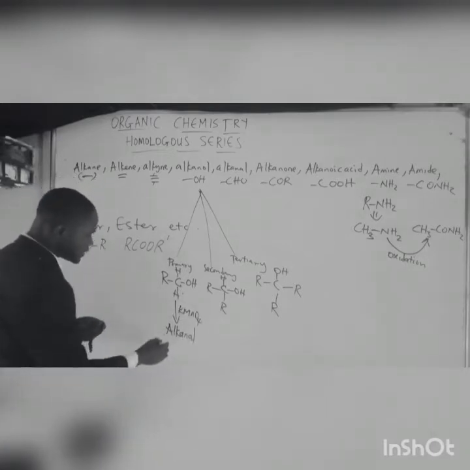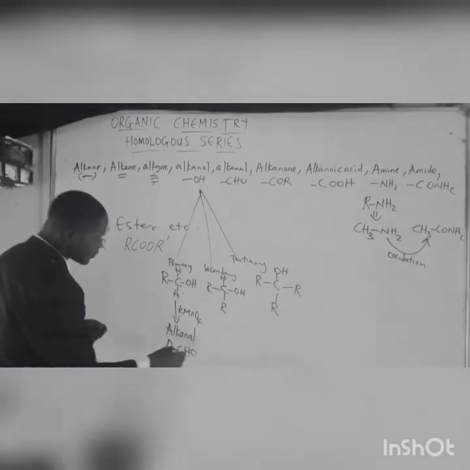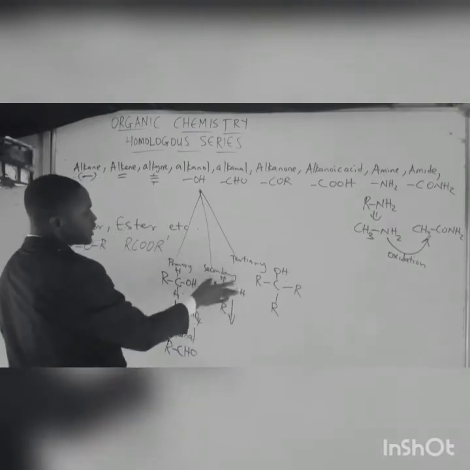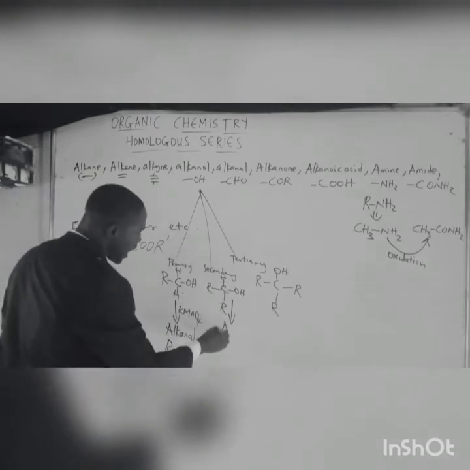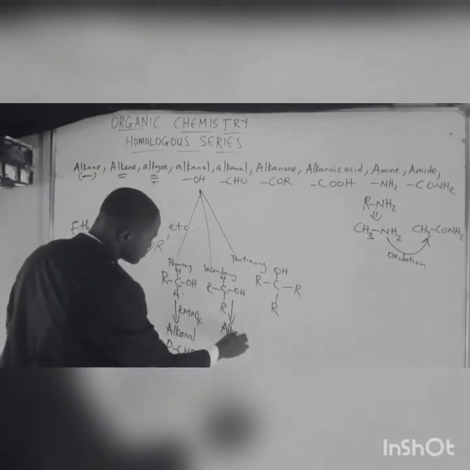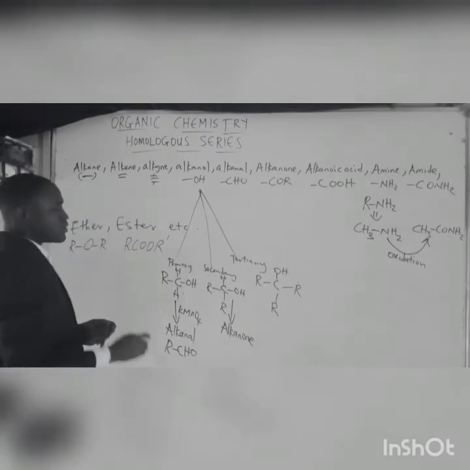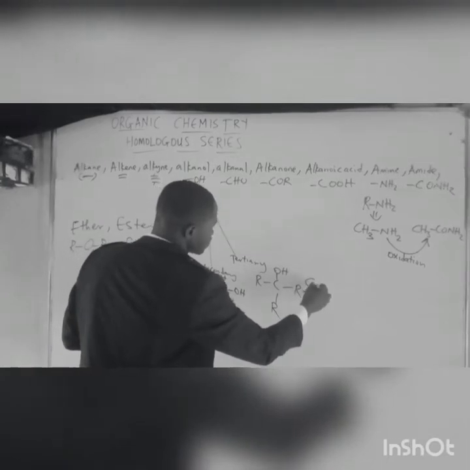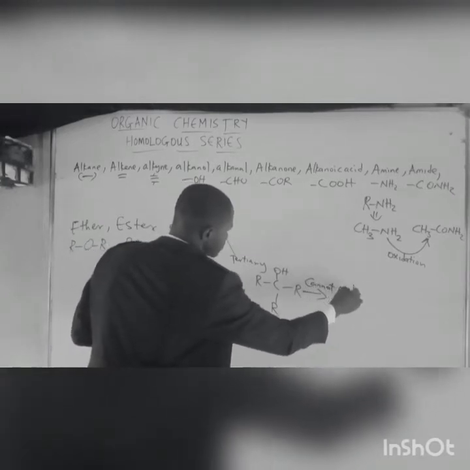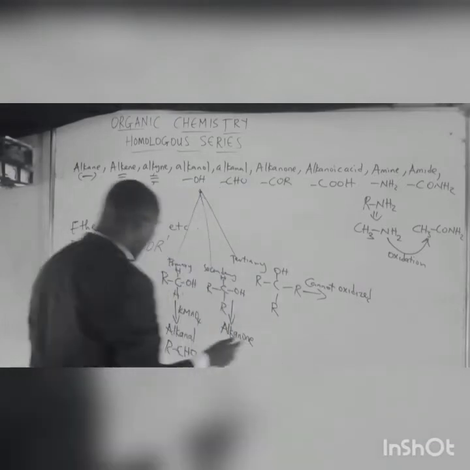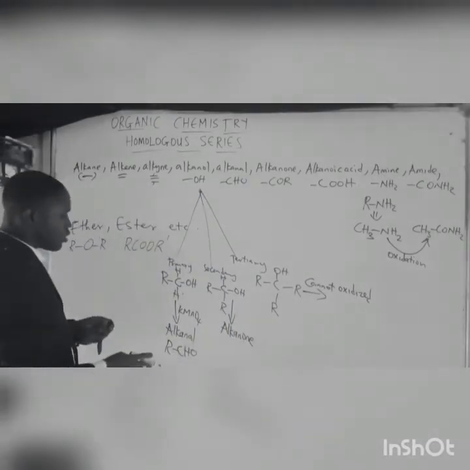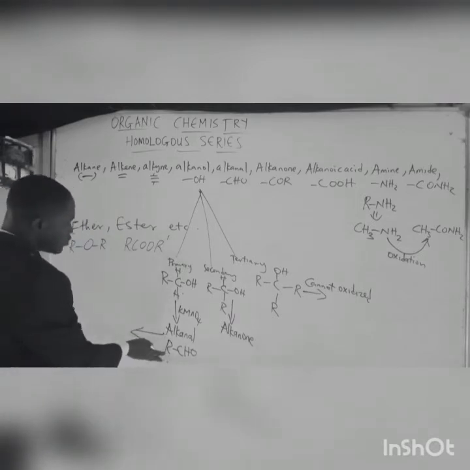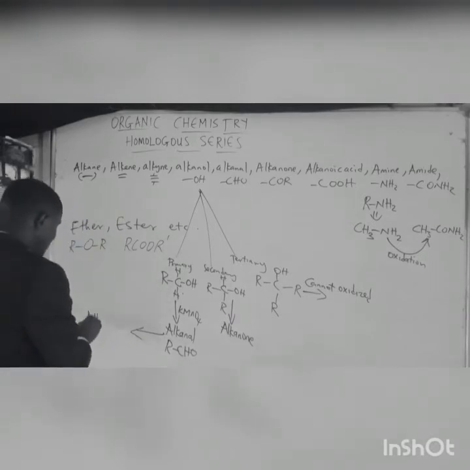Oxidation of secondary alkanol will give us alkanone. Then this tertiary alkanol cannot be oxidized. Then this primary alkanol, as it oxidizes to alkanal, further oxidation will give us alkanoic acid.